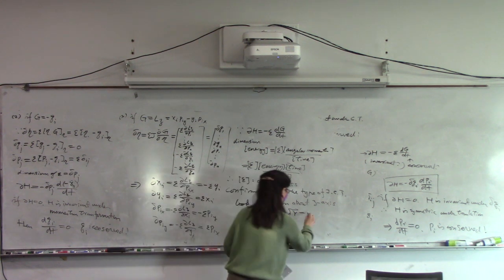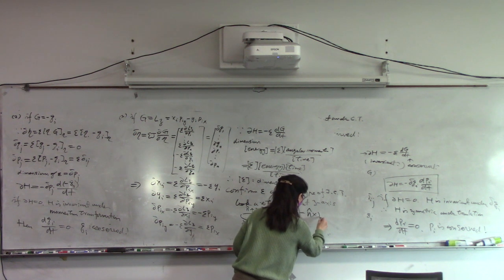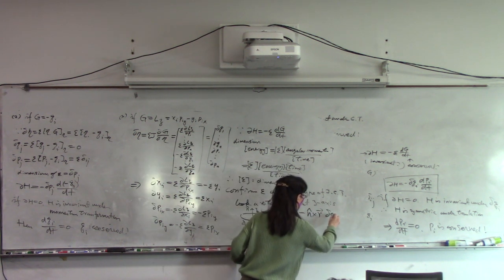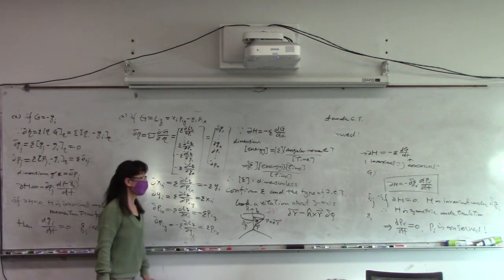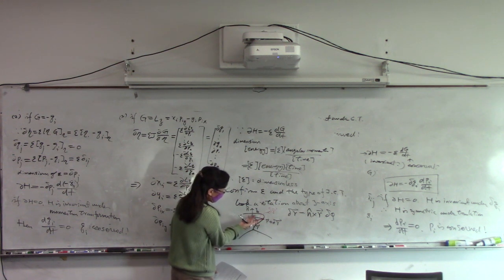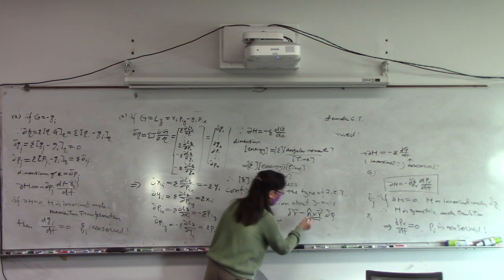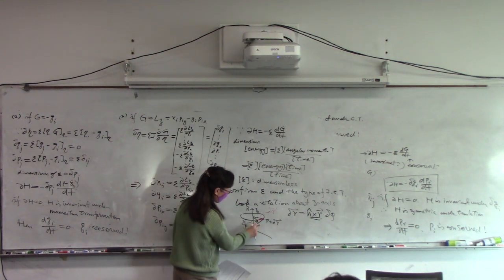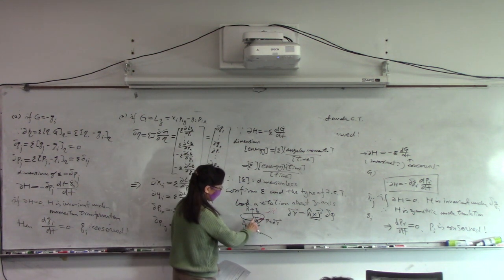So that is n hat cross r. And the angle, right? We have to associate with the angle. So the delta r direction is defined by this cross product, and the magnitude is r itself, with the angle, right, delta phi.